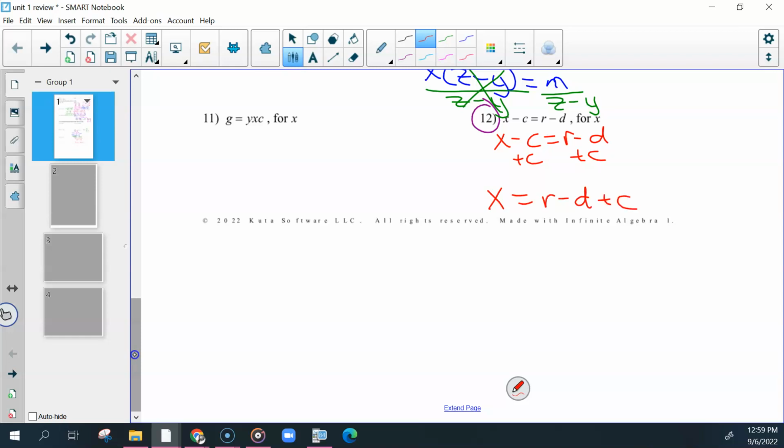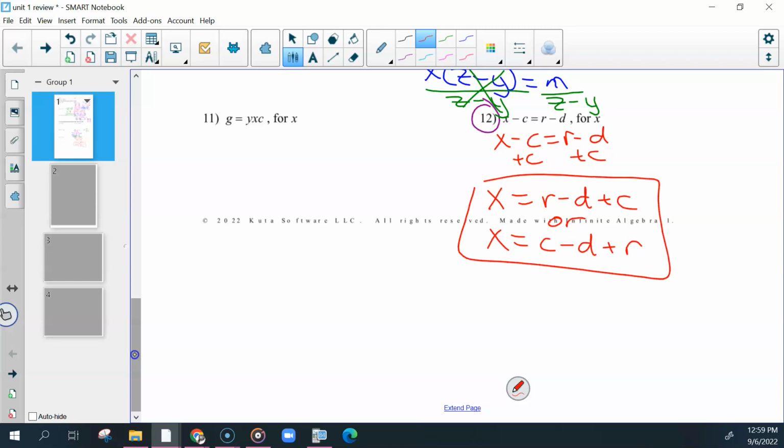And then if you wanted to put this in alphabetic order, you could do that as well. So either or. But that's it. Make sure you are boxing in your answer at the end so I know that you're done.